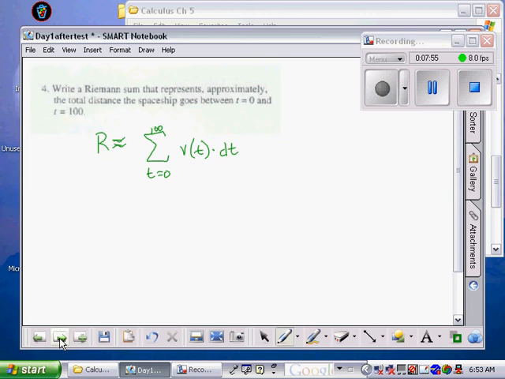And really the only other thing that we could do is we know what v of t is. So we could plug in 3,000 plus 18t to the 1.4. All I'm doing is replacing v of t with what they told us v of t was.